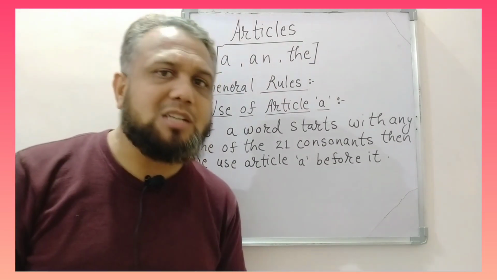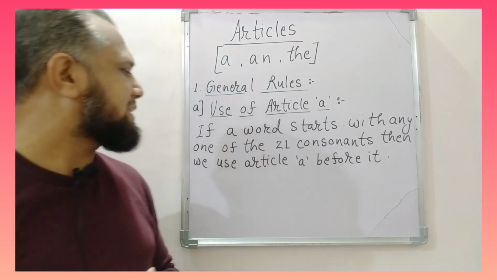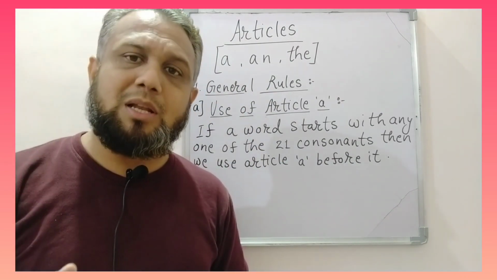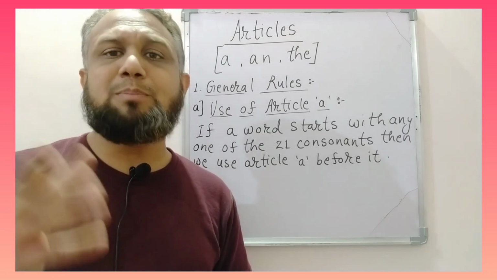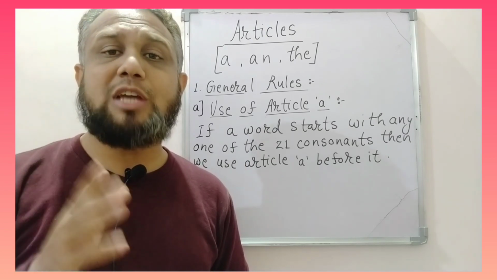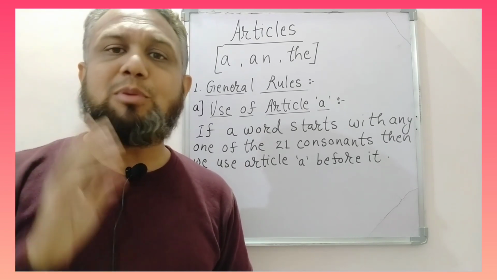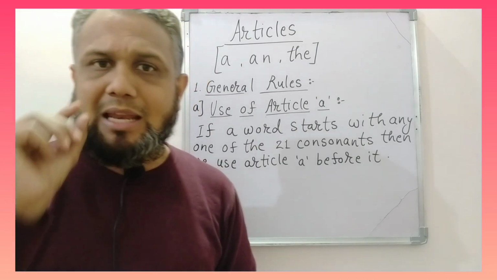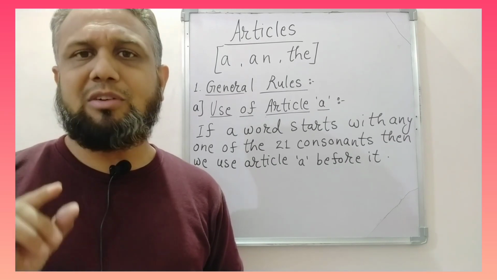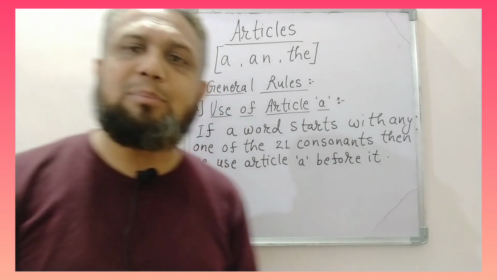If a word starts with any one of the 21 consonants, then we use article A before it. For example, if a word starts with B, C, D, F, G, H, J, K, L, M, N, P, Q, R, S, T, V, W, X, Y, Z, if any word starts with any one of 21 consonants, then we use article A before it.